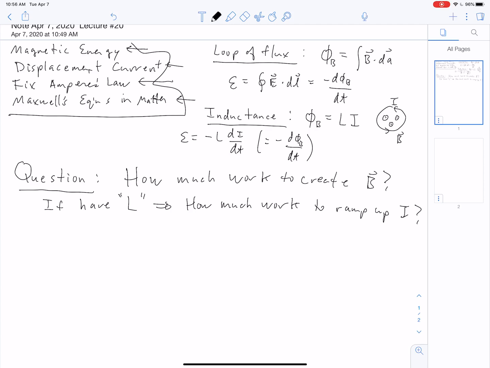And that's perhaps a better way of thinking about it, at least initially, because that's what we do actually in a laboratory. For example, here's the situation I'm talking about.